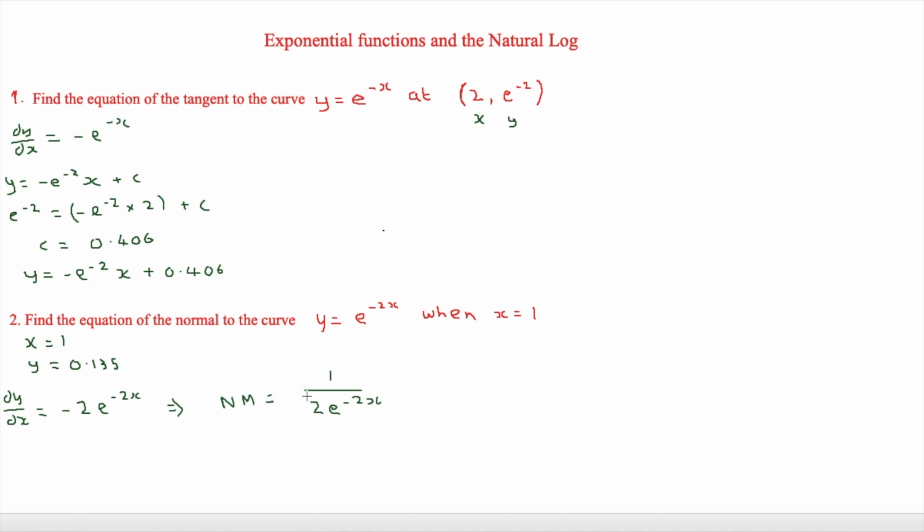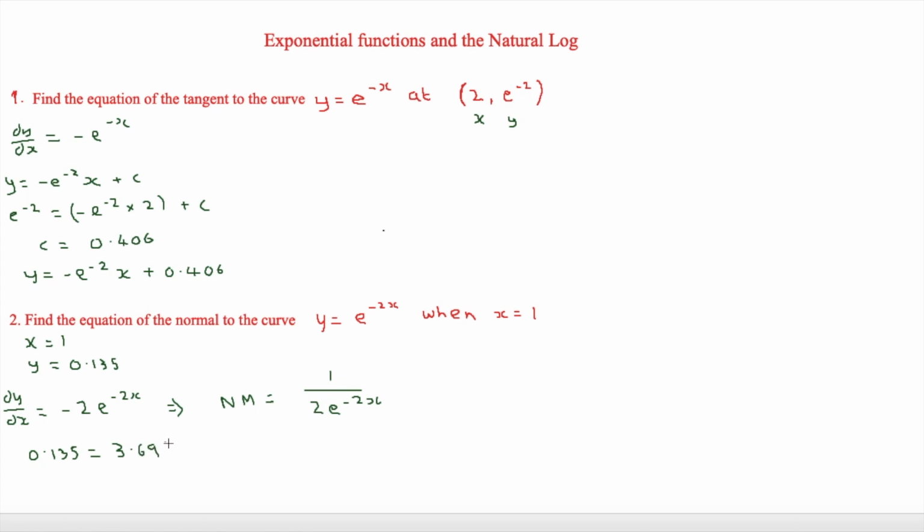So therefore, if we're subbing it back now and we put back in the y's and the x's, then we have 0.135 is equal, now sub that into your calculator, 1 over 2e to the minus 2x, and you'll find that you get 3.695.